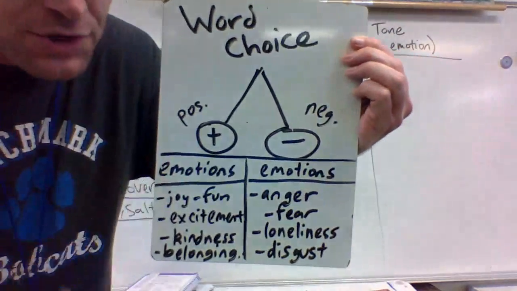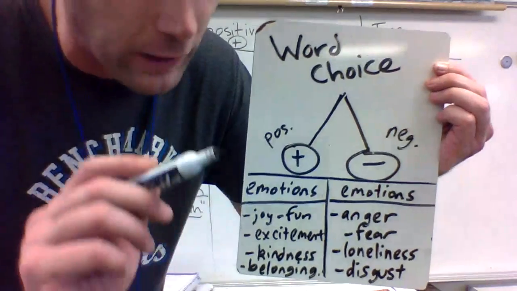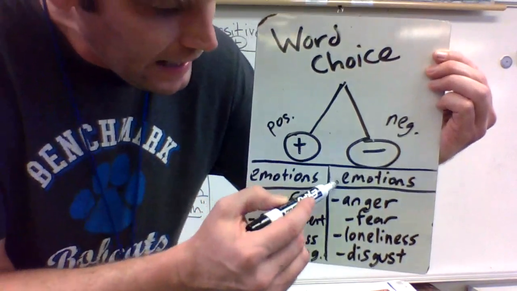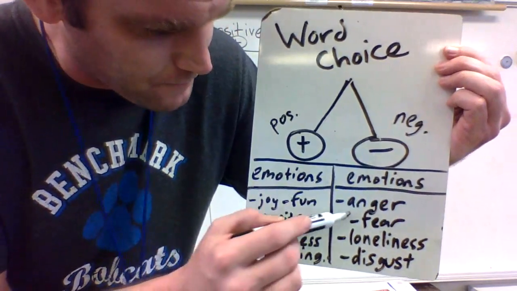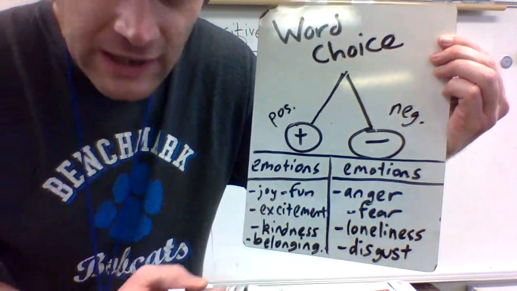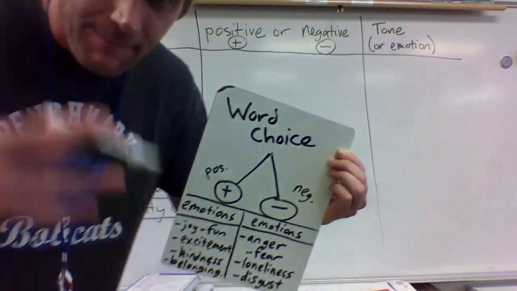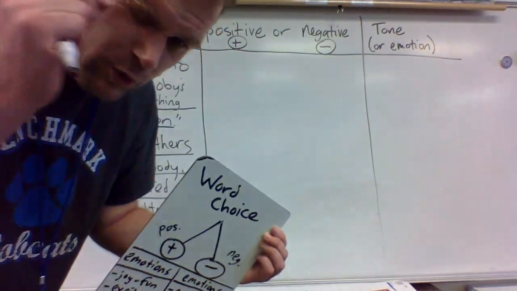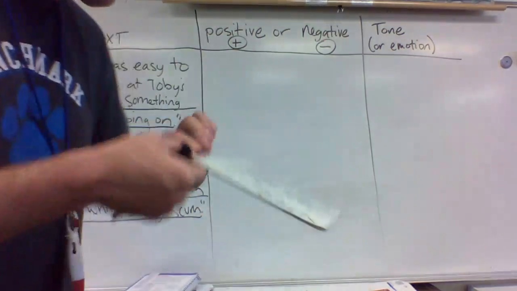We can also choose to use words that have a negative association or a negative connotation, and those might invoke emotions such as anger, fear, loneliness, disgust. I think you guys get what I mean. By choosing these words or reading these words, you can find out what kind of tone the author is trying to strike, okay?